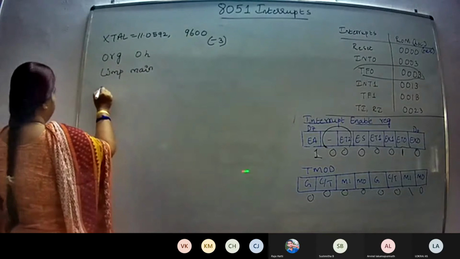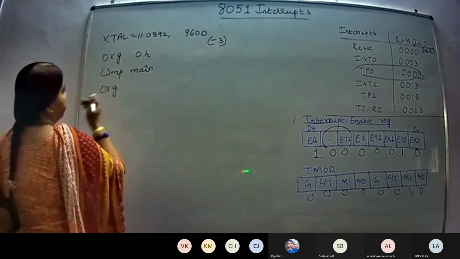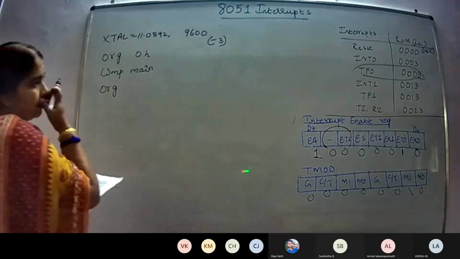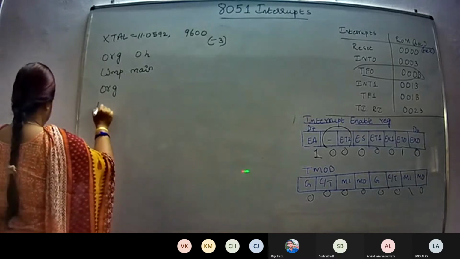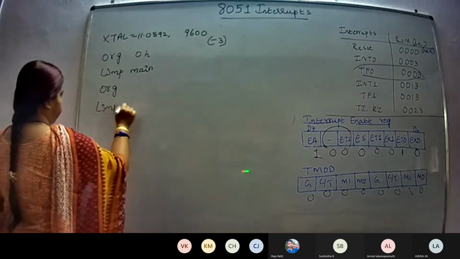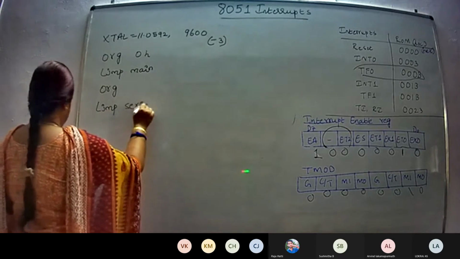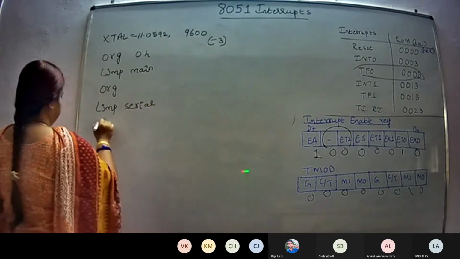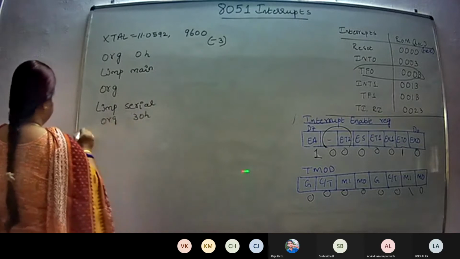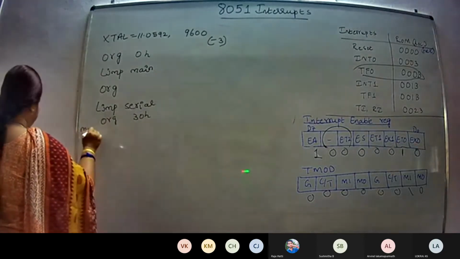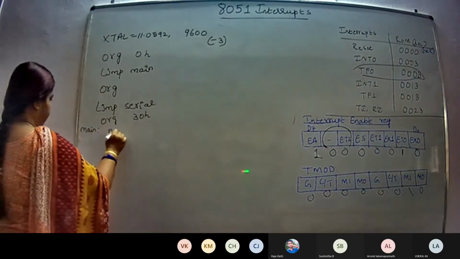Right. Next, what is the address of serial communication? ORG 30H. We have come to the main program.